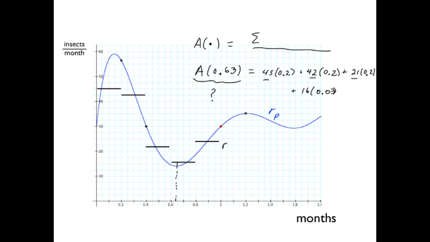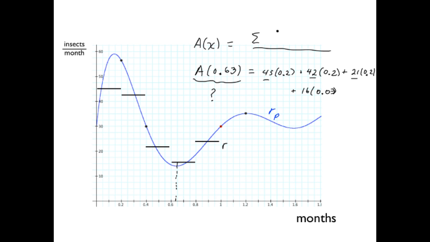So now we're going to talk about the structure of this function. Thinking about any x value, x increasing through the months, and this function A giving us the approximate net accumulation for every x as x increases through the months. What does that function look like?